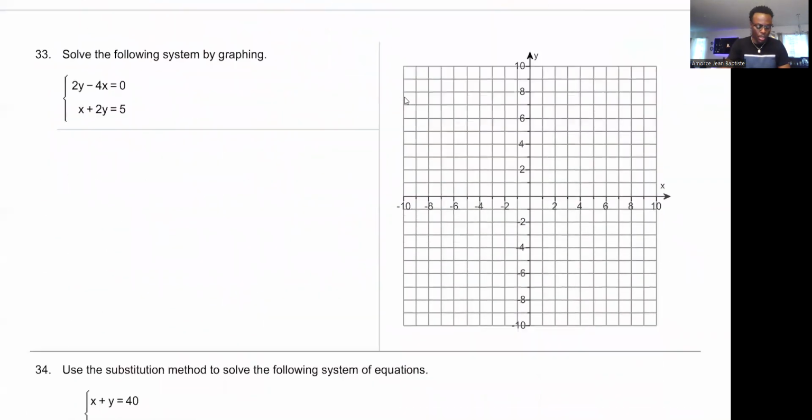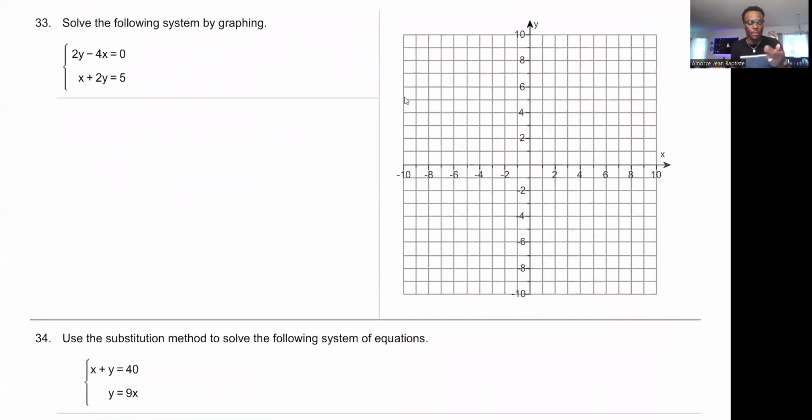Here's another example. We're going to go ahead and solve it quicker than the first one. Let's solve for y, so we can see the y-intercept and the slope. Add 4x on both sides. That takes me to 2y equals 4x. Divide by 2, we get y equals 2x. So your slope here is m equals 2, y-intercept (0, 0).